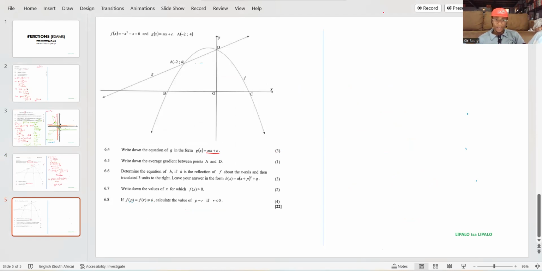Let's look at my straight line here. I need at least 2 points to get the equation of a straight line. Okay, this is part of revision.